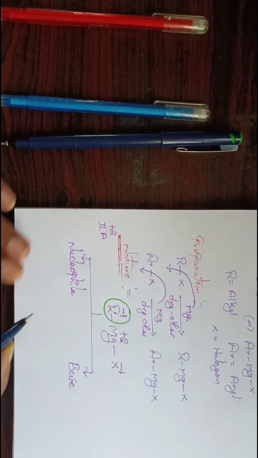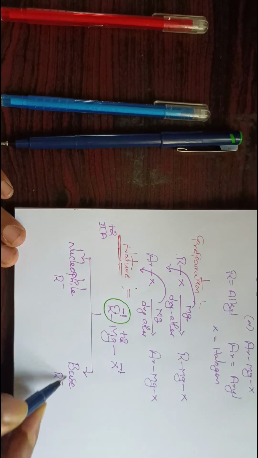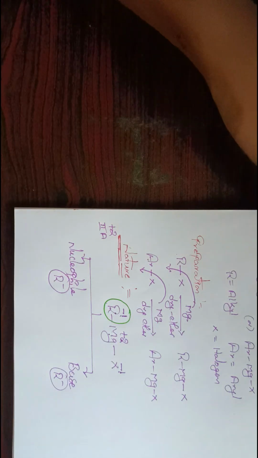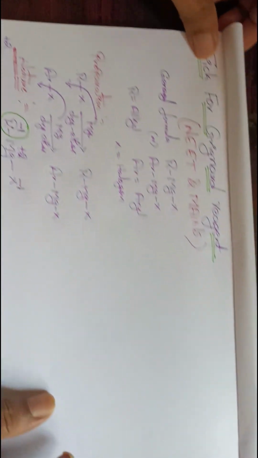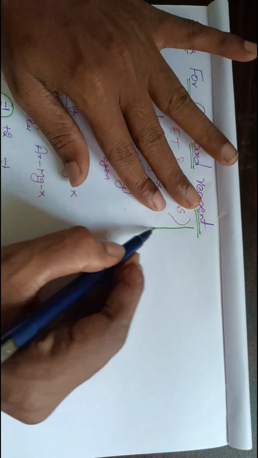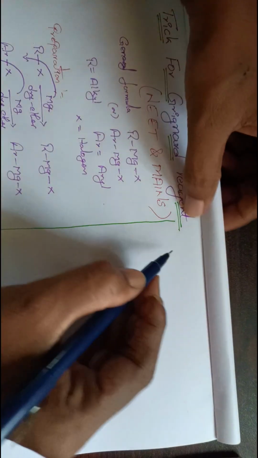The R minus acts as a nucleophile as well as a base. In which condition it acts as a nucleophile and in which condition it acts as a base, that is important from the examination point of view.